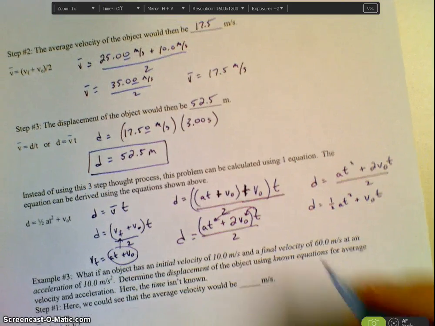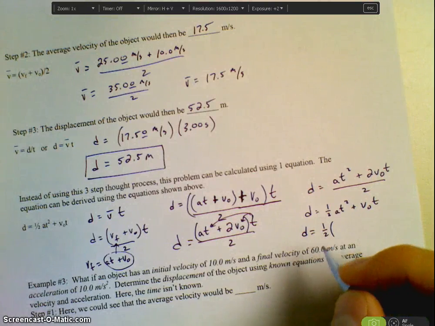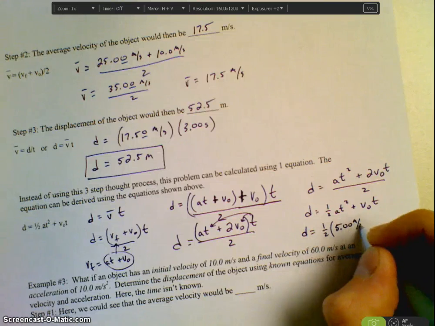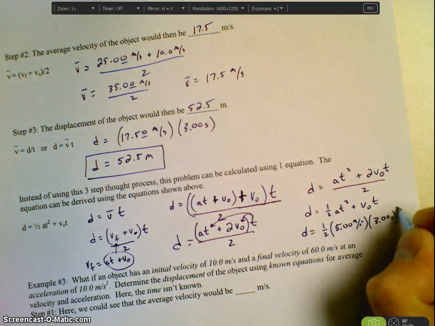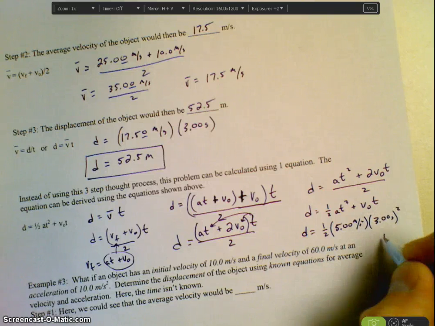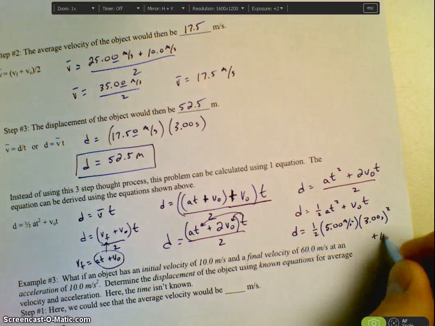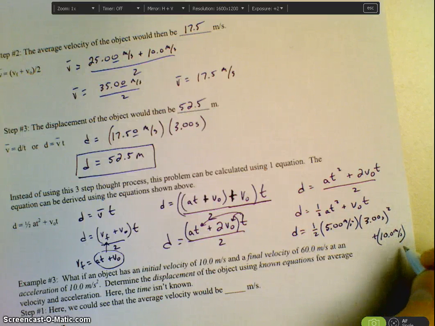And now I can substitute all of my values in here. My acceleration for this particular problem was given at 5.00 meters per second squared. I had a time of 3.00 seconds, which I have to square, plus, I'm running out of room here, V initial was 10.0 meters per second, and I have to multiply that by the time, 3.00 seconds.